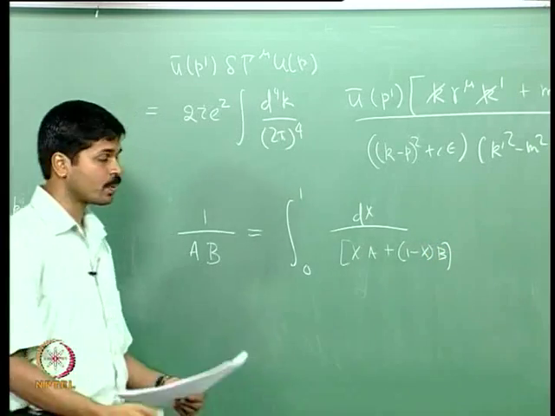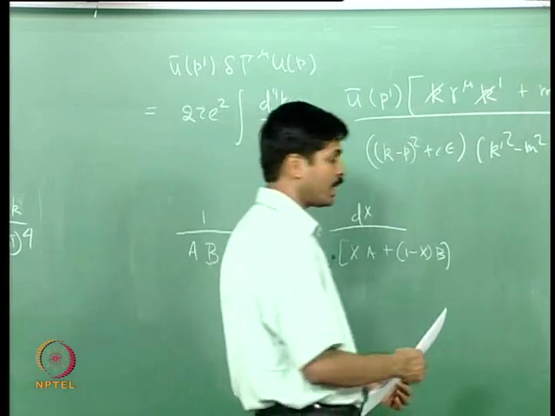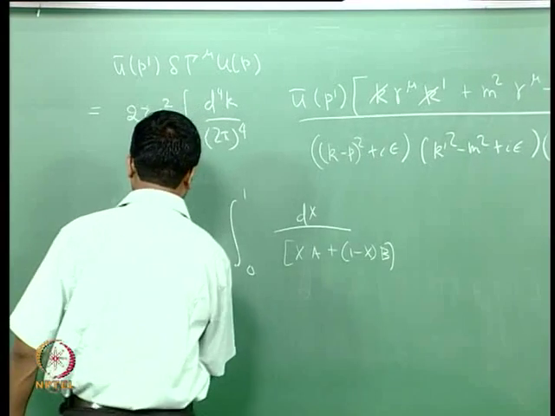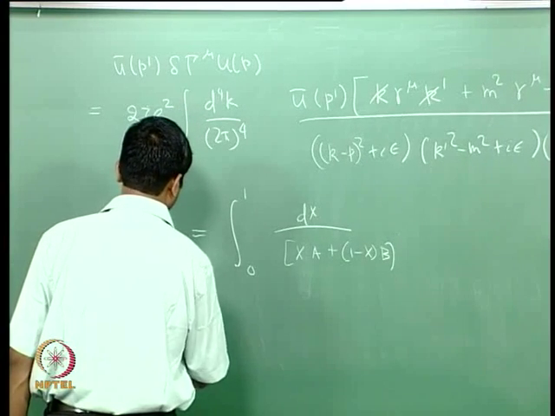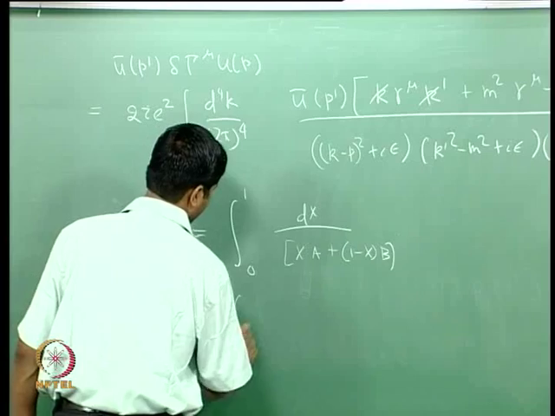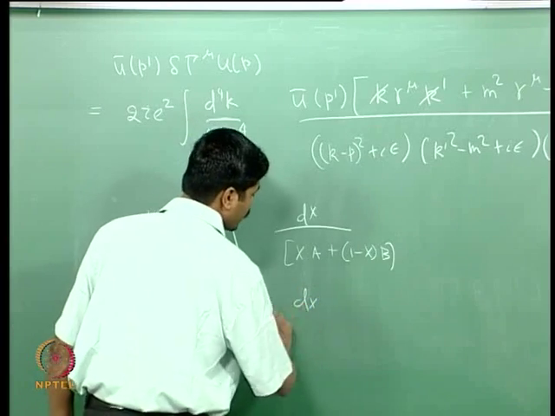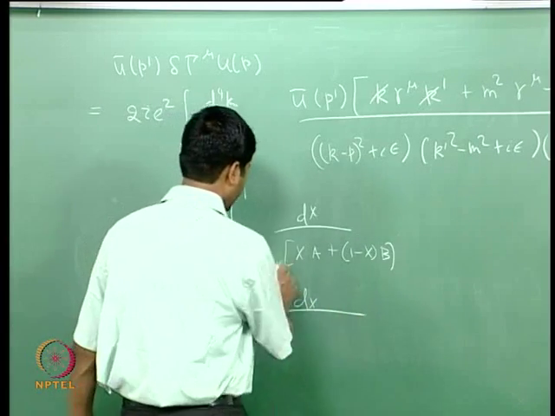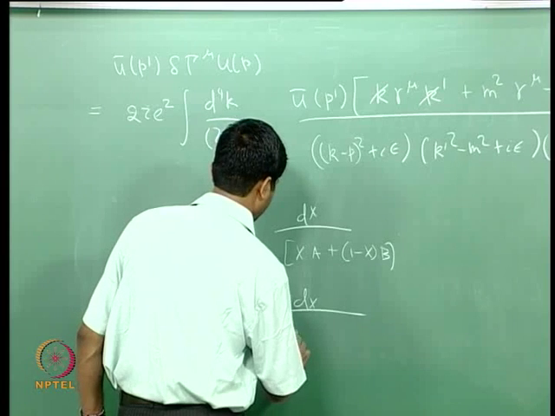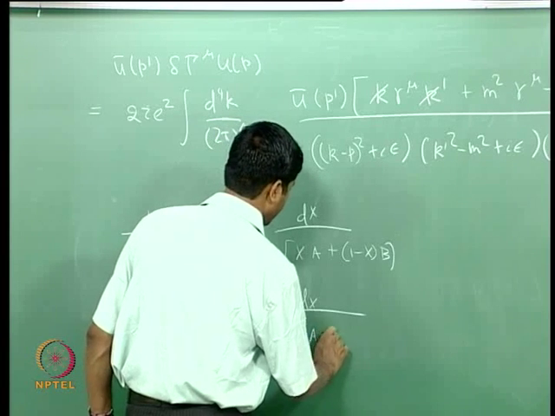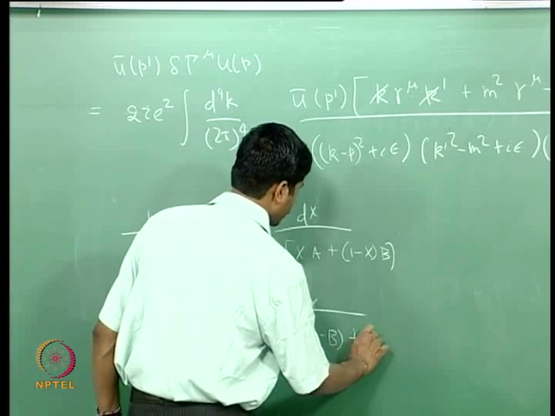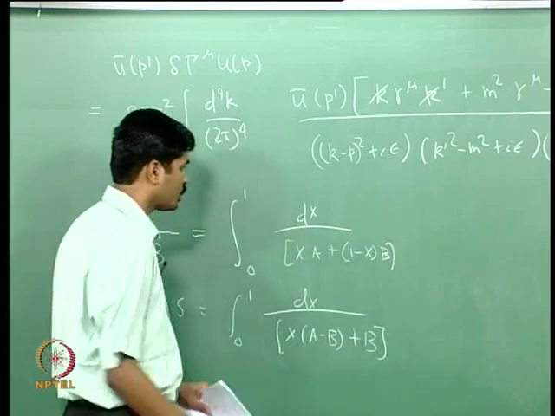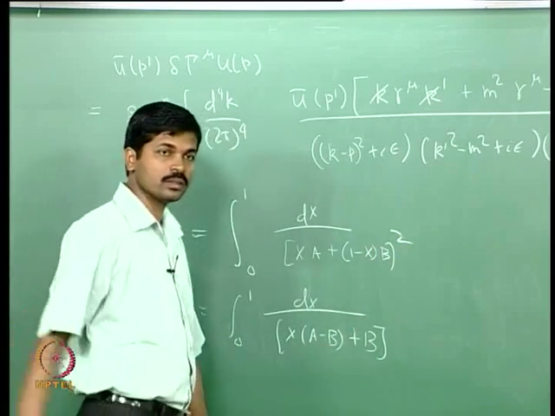It is very straightforward, because here you can write the RHS as 0 to 1 dx over x into a minus b plus b, whole square.